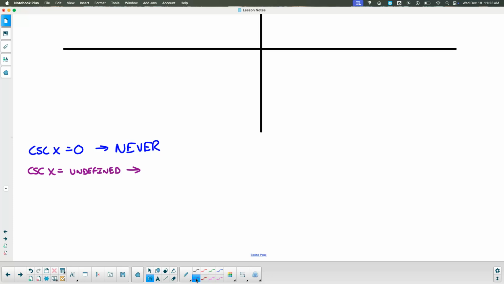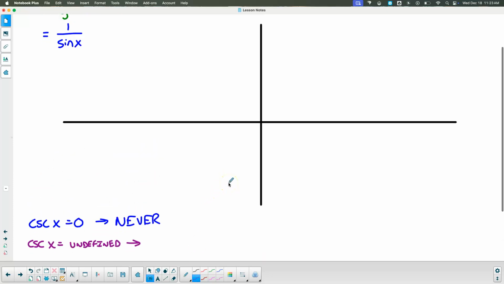Where would it be undefined? Where would cosecant be undefined? If sine is 0, right? So first flap, where is sine 0? 0, pi, and 2 pi. First flap reverse, where is sine 0?